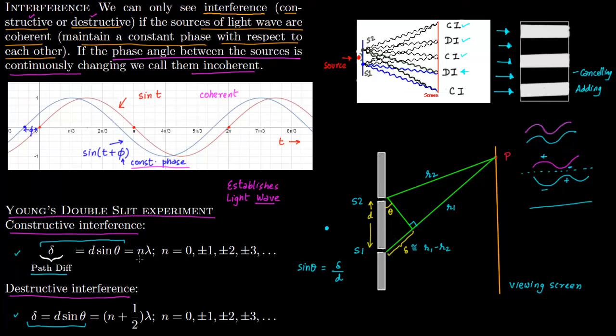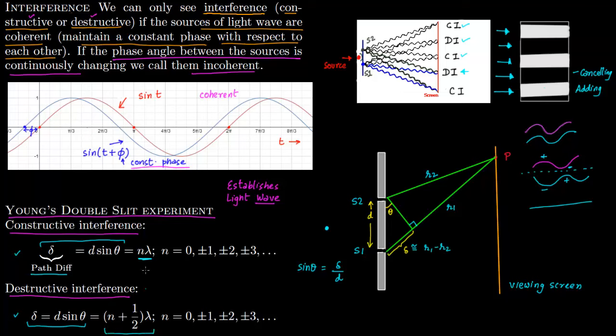Now in case of constructive interference, this is equal to n times lambda. So lambda is the wavelength of the light source, and in destructive interference it will be n plus half lambda. Again this means nothing much except that in the constructive case these two light waves from the two slits are kind of matching each other, so they add up.